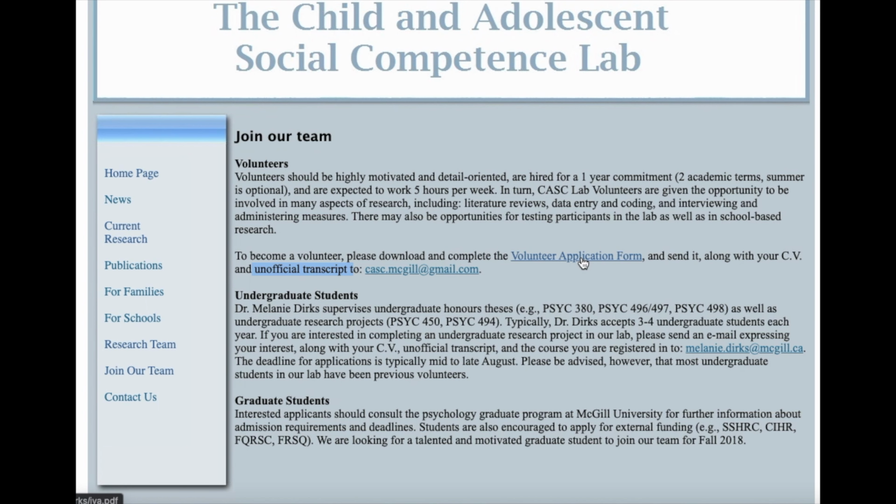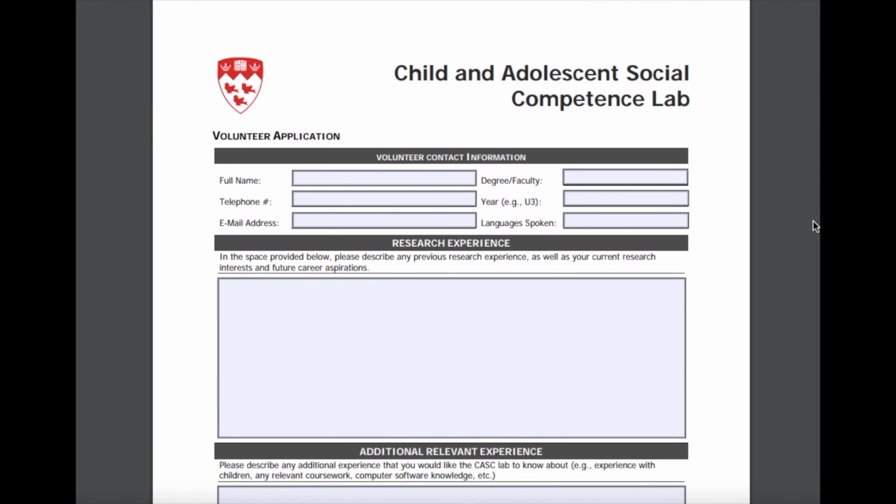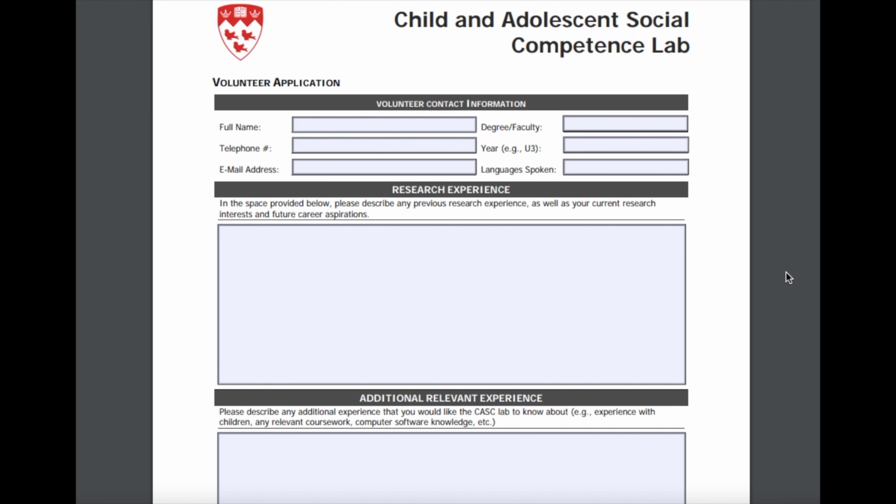Now, when you're filling the volunteer application form, do keep in mind that some labs do not have a volunteer application form, and a lot of times those are unique forms depending on the lab. You're going to need to fill it to the best of your ability and read it thoroughly.